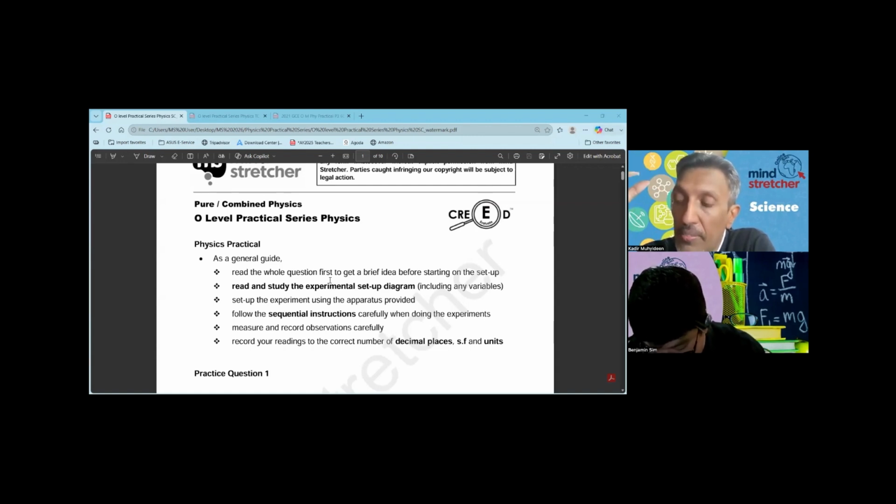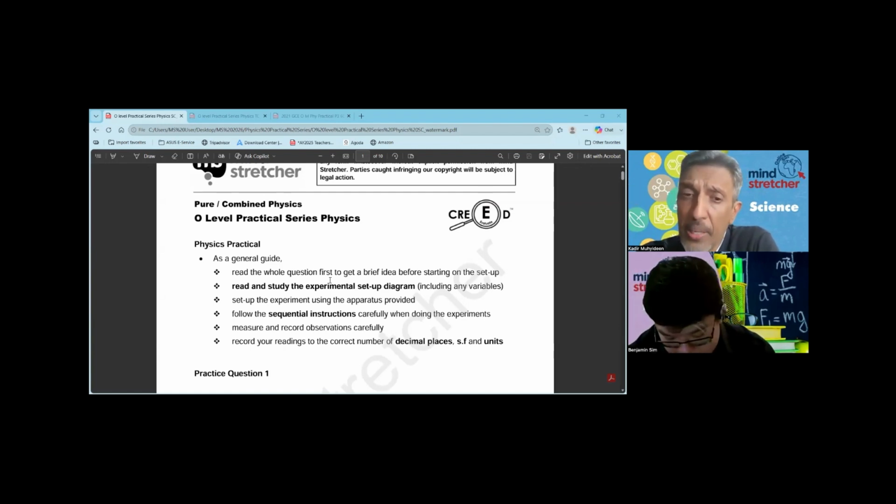Some students, under exam stress, try to skip through these sections, thinking they are saving time. But it will actually save you a lot more time when you read the questions and look at the diagram carefully, so that you know exactly what they want you to do.